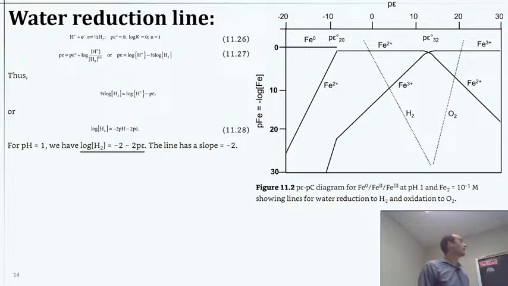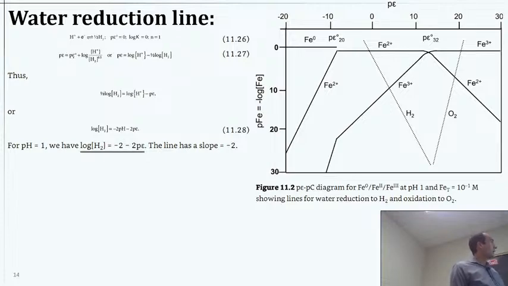So we can take a look, and we have an equilibrium. H+ with e- is in equilibrium with half H2. Okay, and we know the standard potential for this one is defined as 0. Sorry for the small font here. So the log K then is 0, and the number of electrons here is 1.